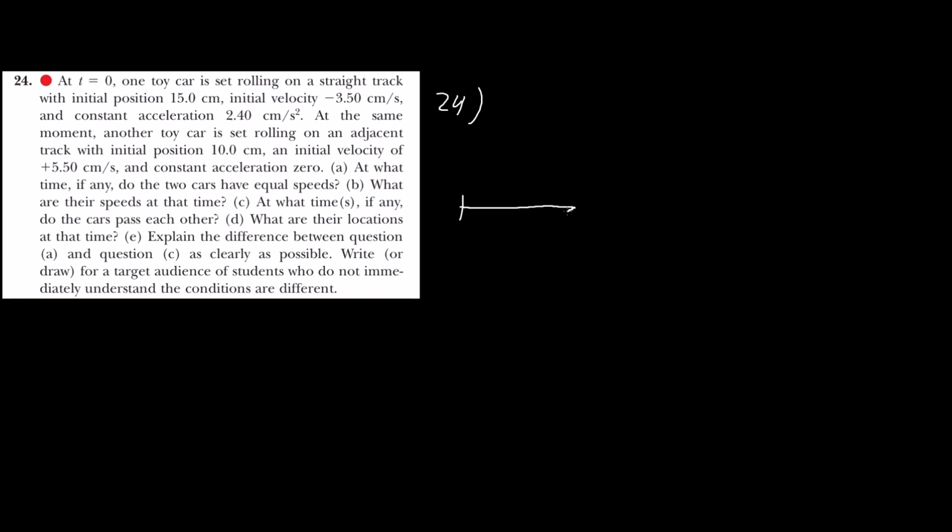So in fact, I'm going to draw this right here. This is going to be the x-axis, and this is maybe not necessarily to scale, but just to get an idea. This is going to be 15 centimeters, and here's going to be some object, and some object is going to travel. It has an initial velocity.